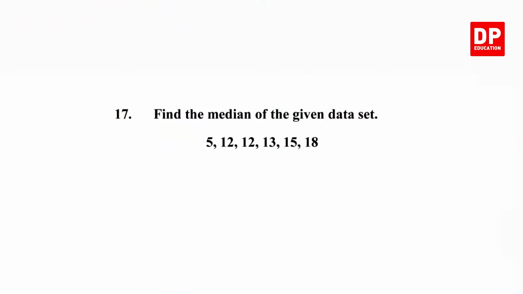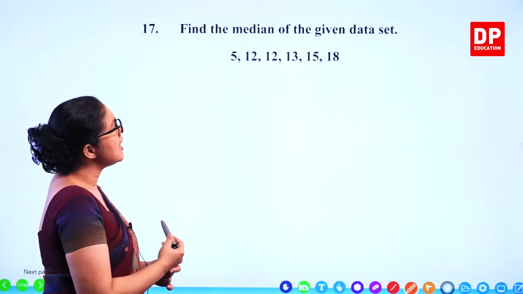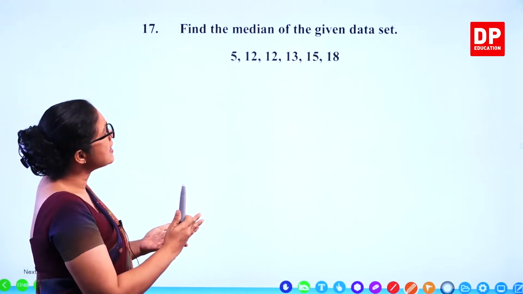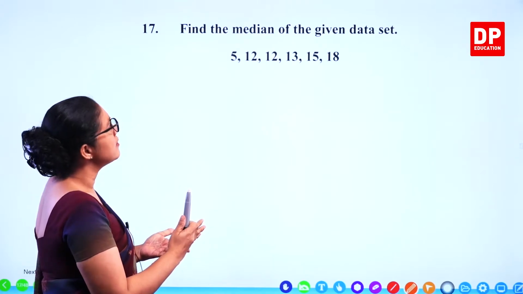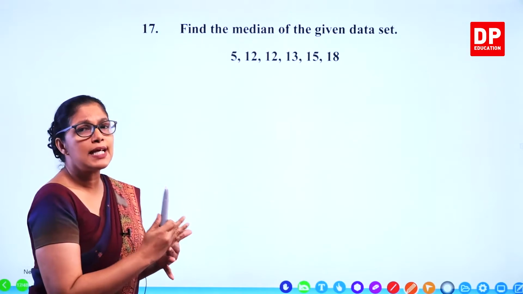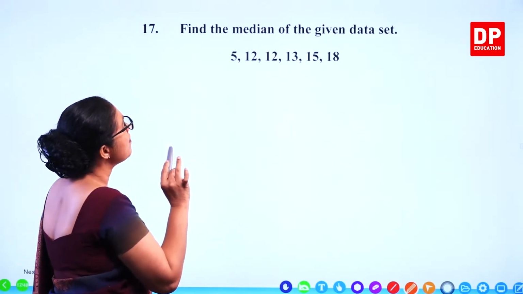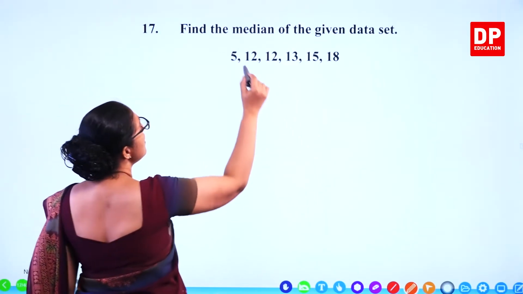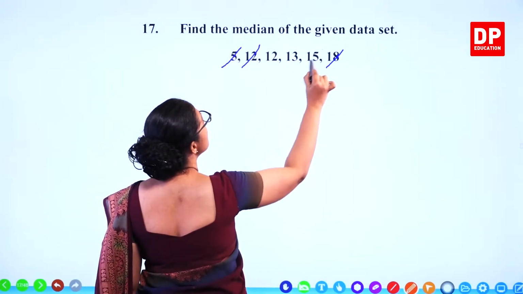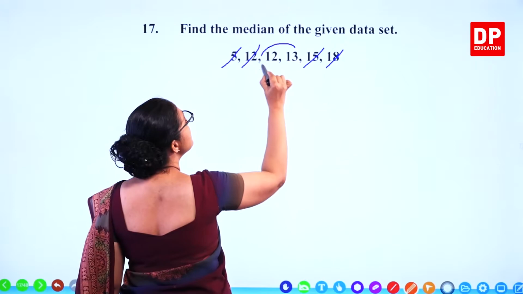Question number 17. Find the median of the given data set. So how do you find the median? You have to first arrange the data set in increasing order. It's already arranged. So what's the middle term? When you are finding the middle term here, you can cross out the corner ones, this one with this one, with this. You get 2 middle terms.